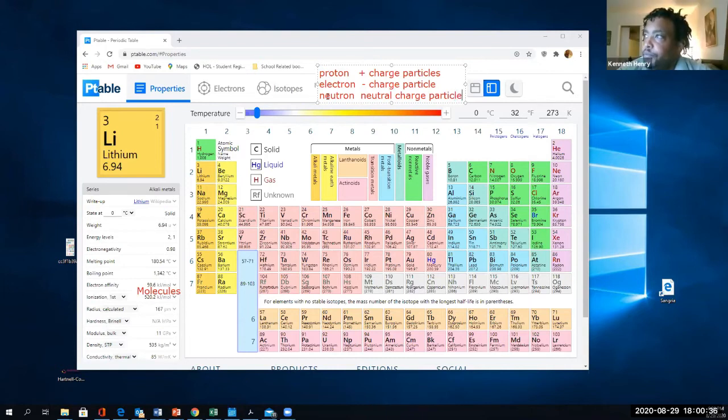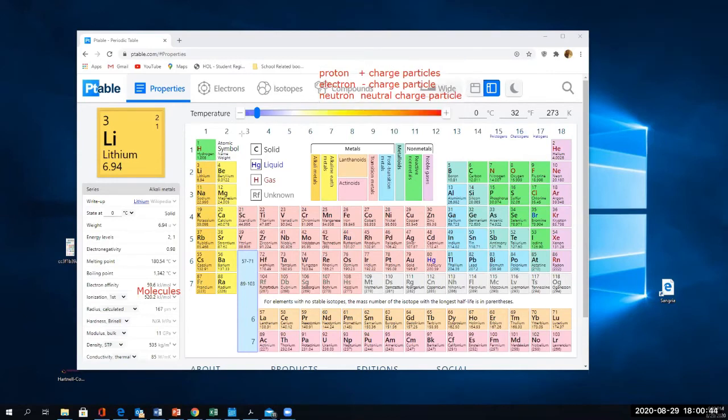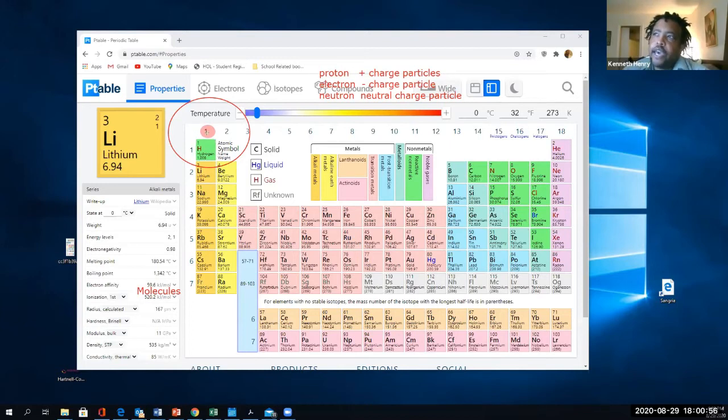Okay. So the way an atom is set up, you have to excuse my horrible drawings. In the center, that little red dot represents where your protons and your neutrons are going to be.